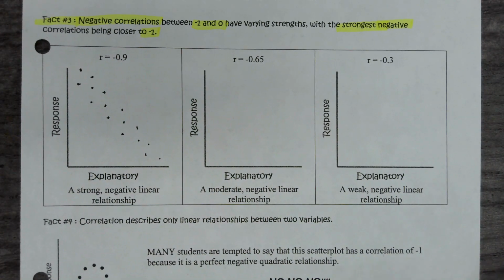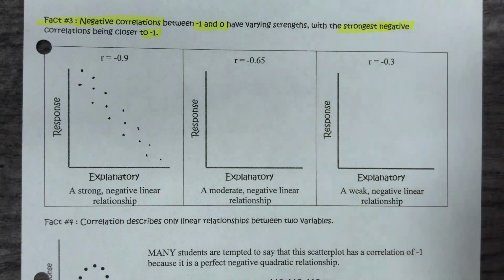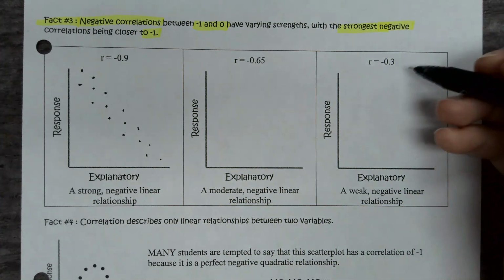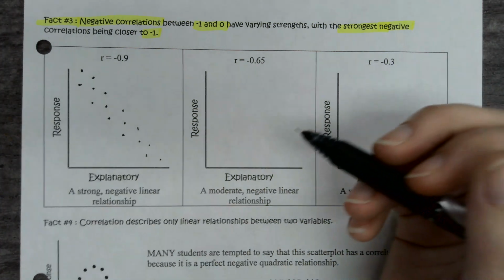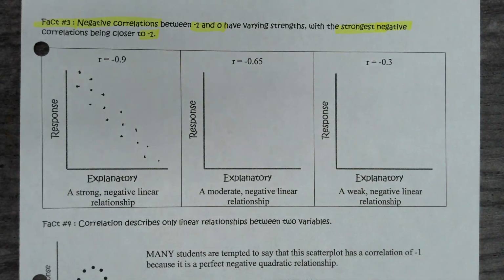So when we have our negative 0.65, that's like our moderate area, right in between our 0.9 and our negative 0.3 or 0.2s. And we're going to have our points a little bit more spread out.